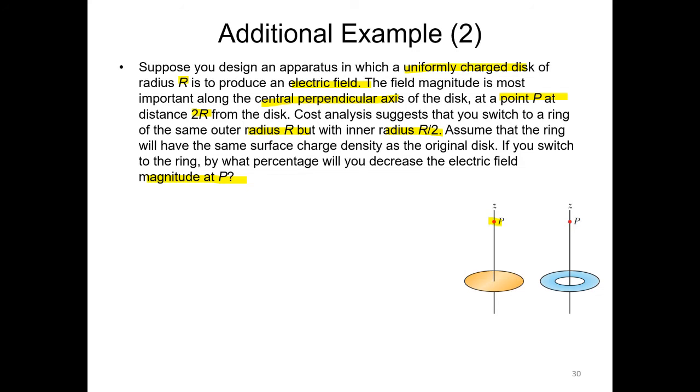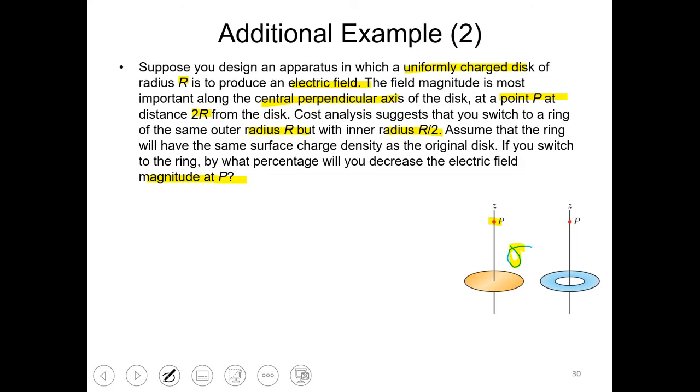So if we have the same charge density for both cases, we can assume it to be sigma. We don't need to separate sigma 1, sigma 2.